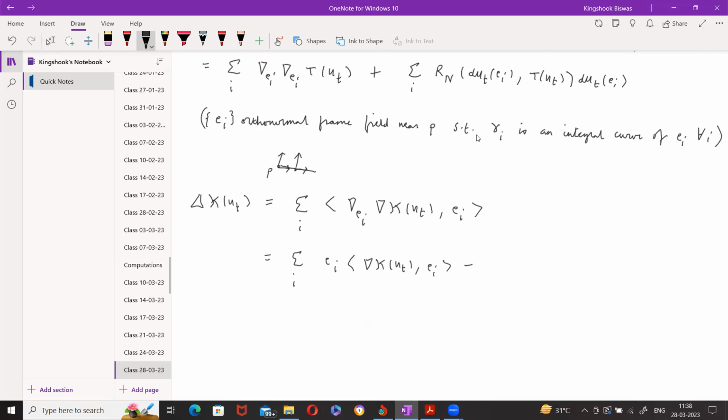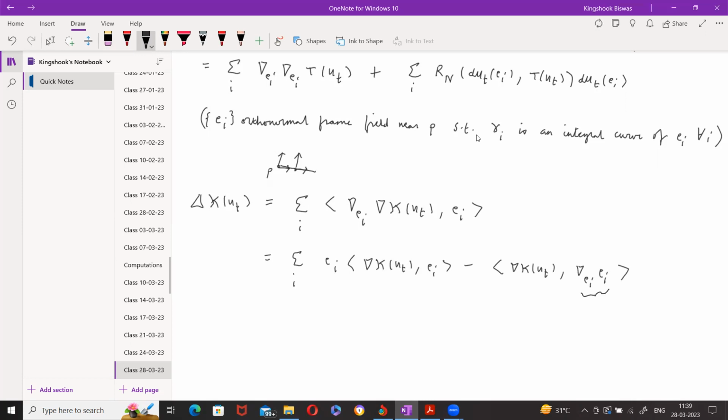minus, by the metric compatibility, grad kappa inner product nabla EI. This is just by the metric compatibility.